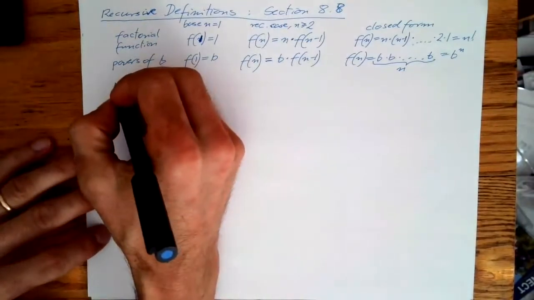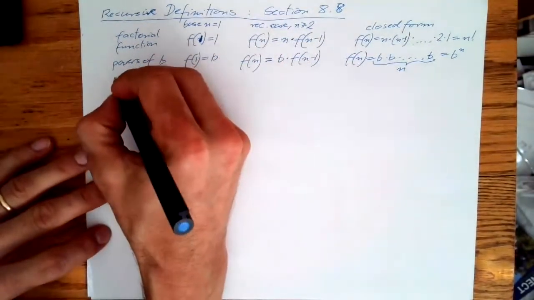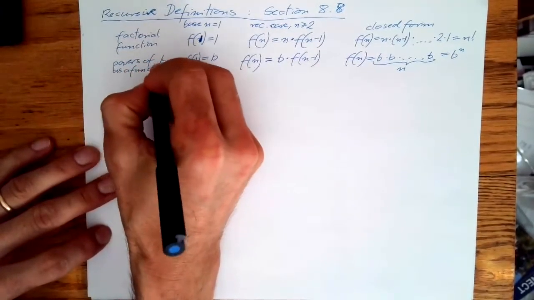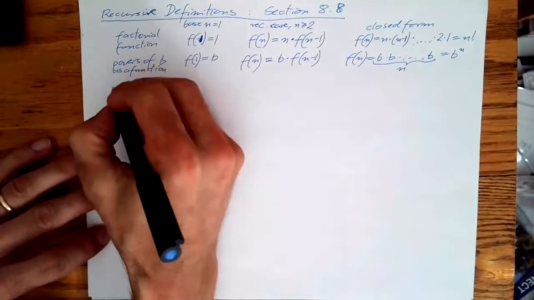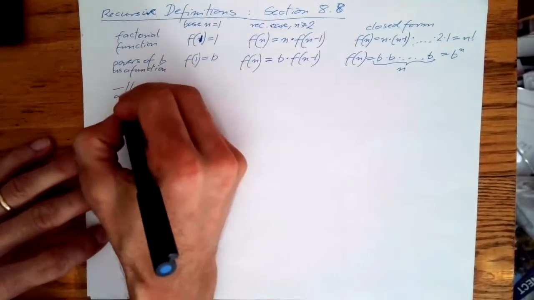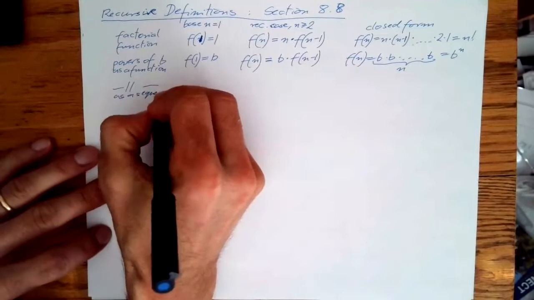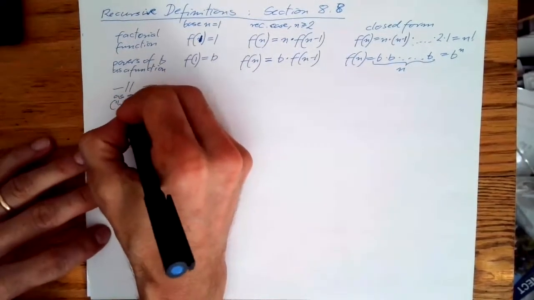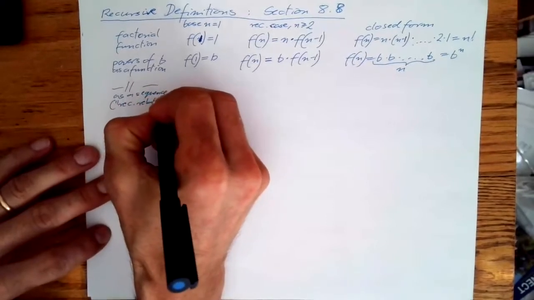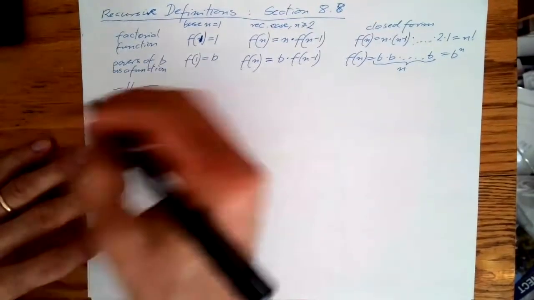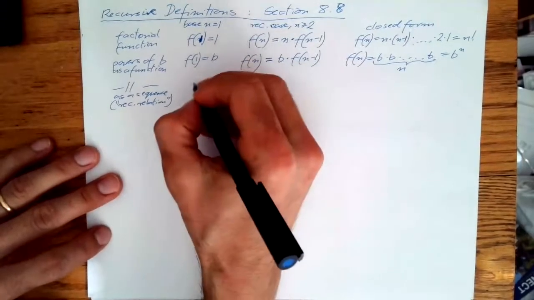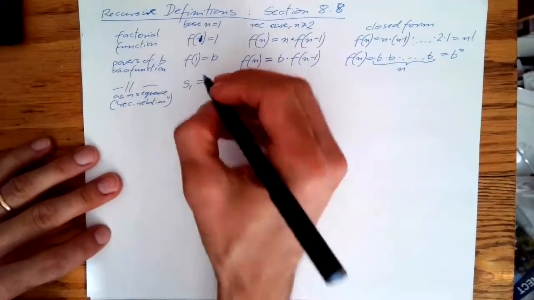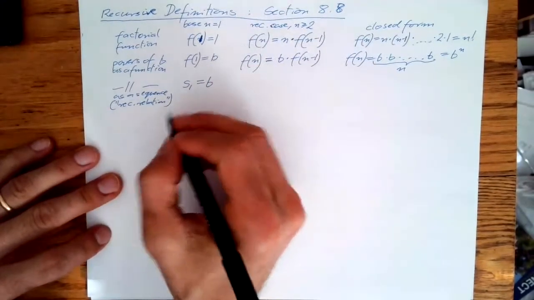Okay. Now this was as a function. We can also do it as a sequence, a recursively defined sequence. We call those recurrence relations, but they are nothing but a recursive way of defining sequences. The first element of the sequence, and I call it the sequence S, again an arbitrary choice, is b.